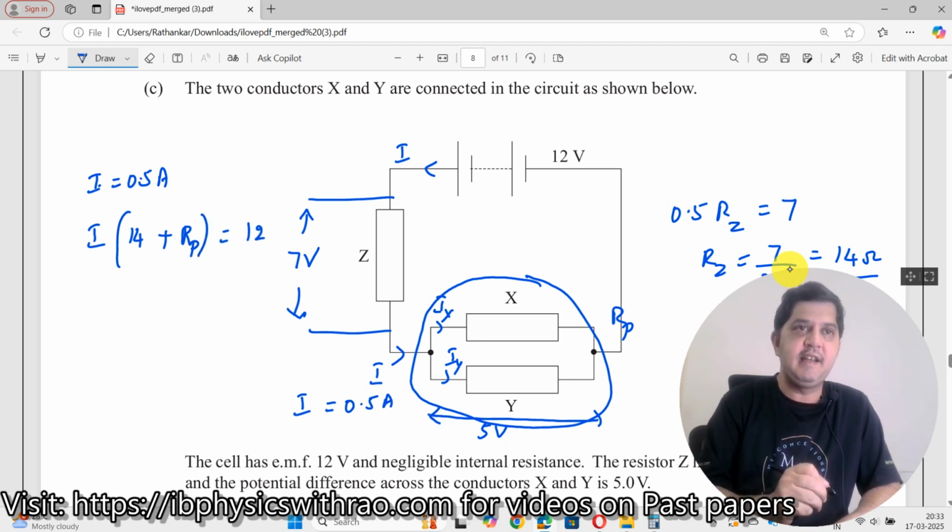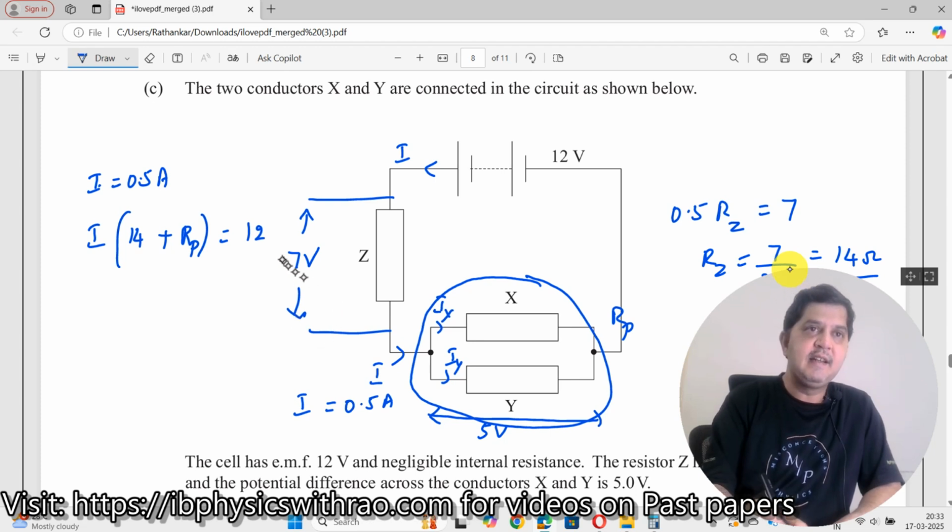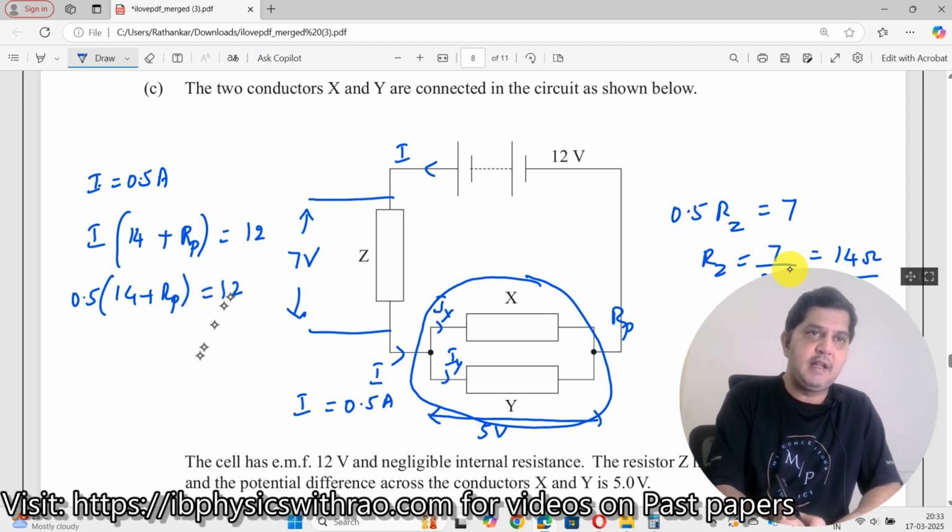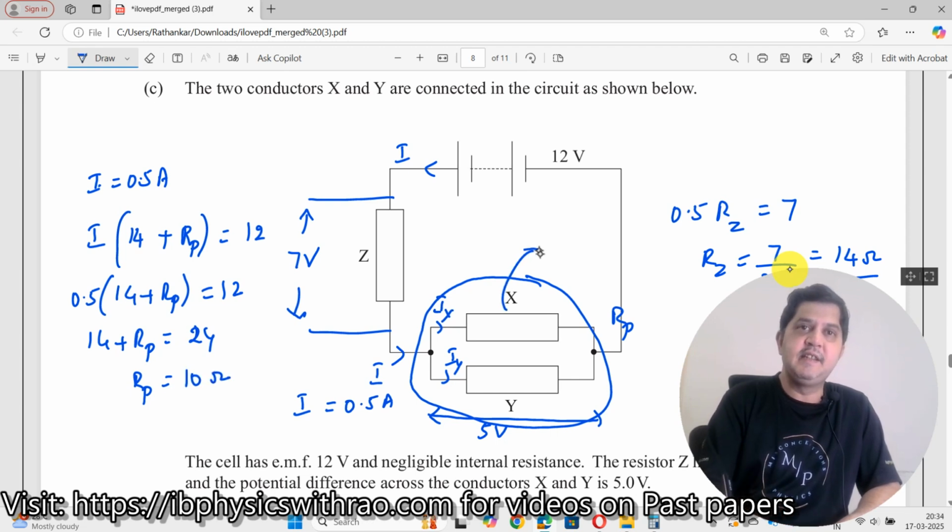I can always write this, because the total voltage is 12 volt. Now what is I? 0.5 into (14 plus Rp) is equal to 12, or 14 plus Rp is equal to 24. Rp is equal to 24 minus 14, which is 10 ohms. Thus, this resistance Rp should be equal to 10 ohms.